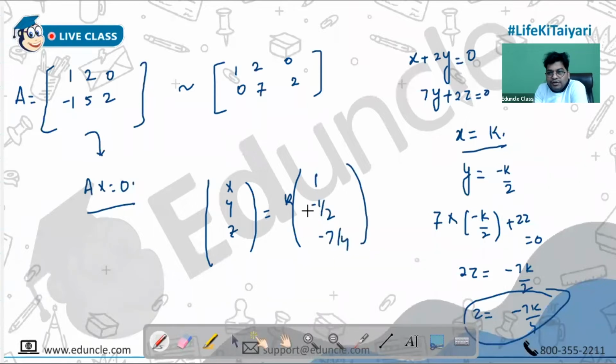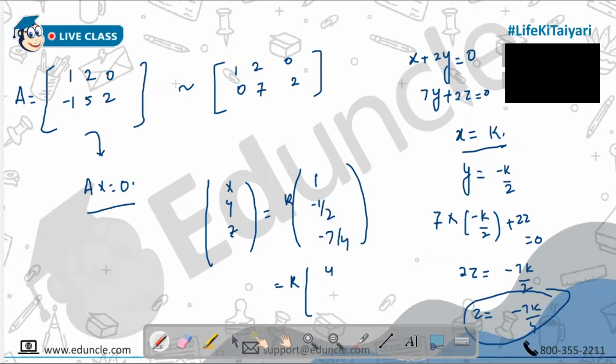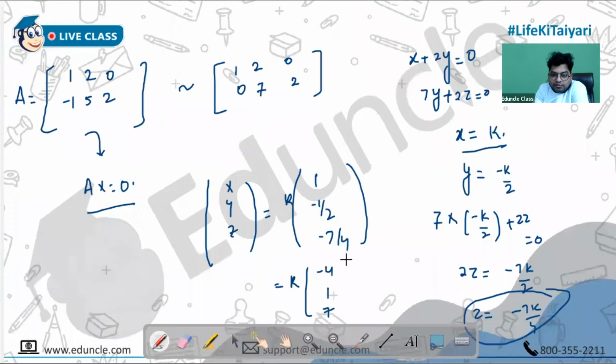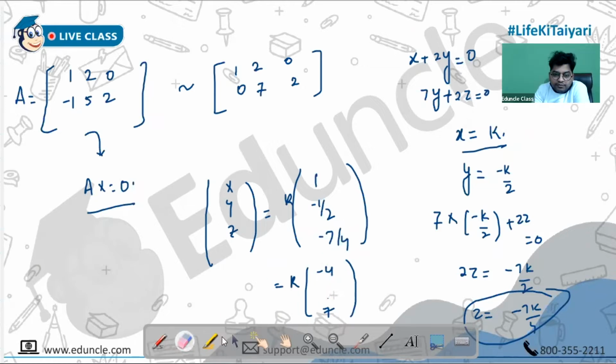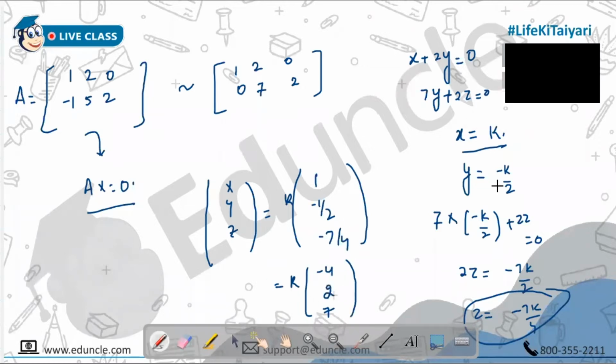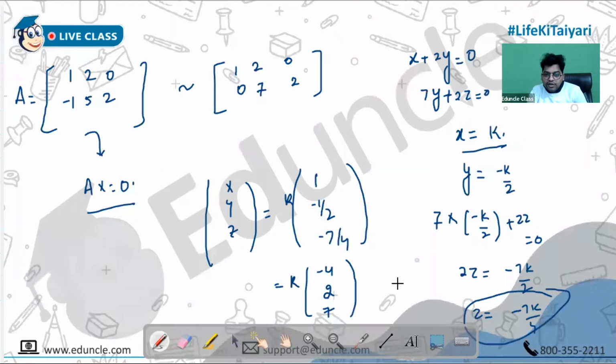You can convert into integral entries by multiplying by 4 in all these entries. So this is one of the linearly independent solutions.